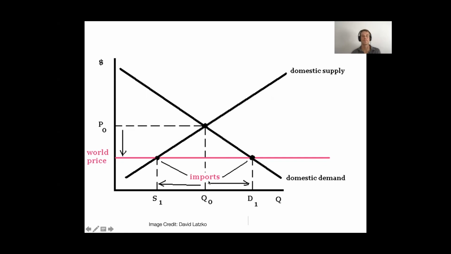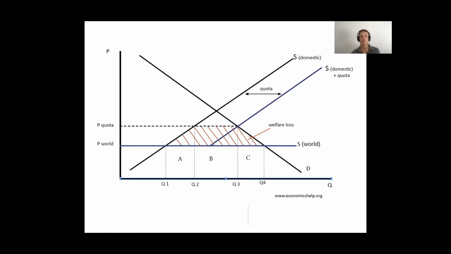That's how this quota works. If our quota for imports is this distance between Q3 and Q2, by limiting it to that width, that's going to push the domestic price up from P world to P quota. Nobody's collecting any revenue here, but if that's all we can import, then that tells us what our supply is going to be.